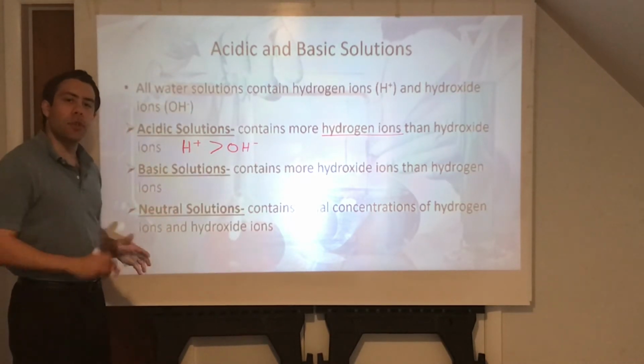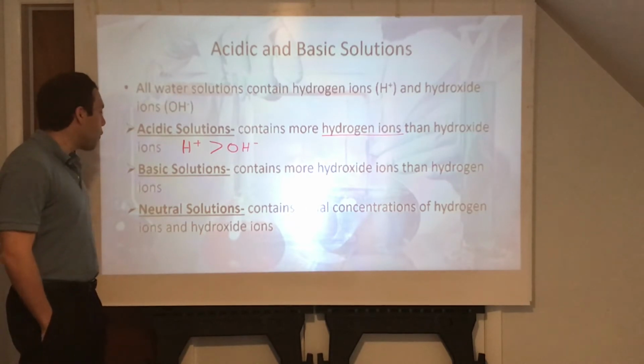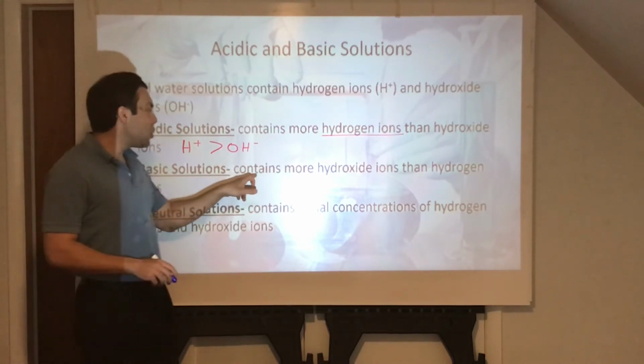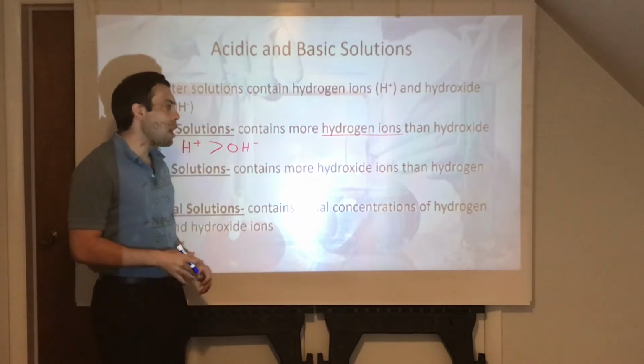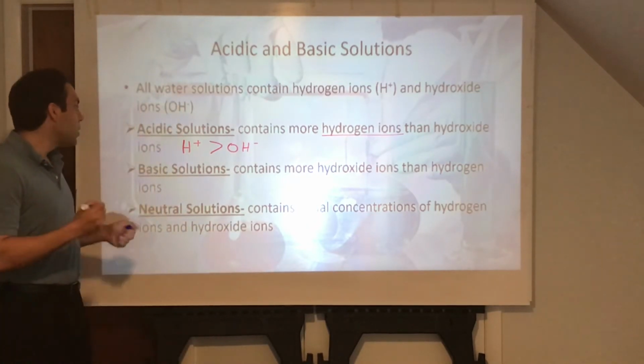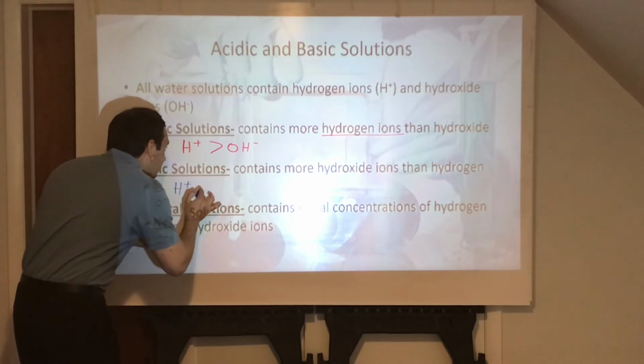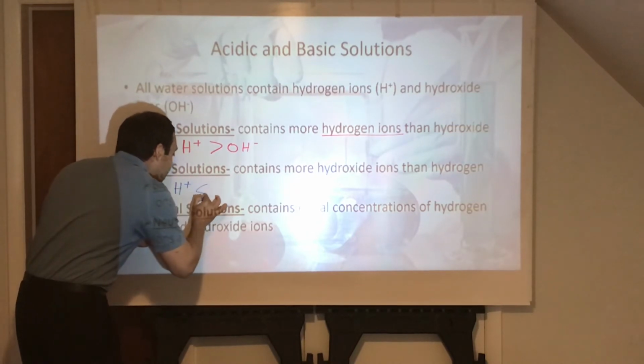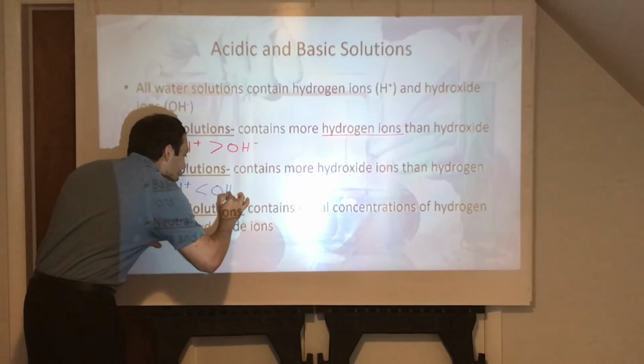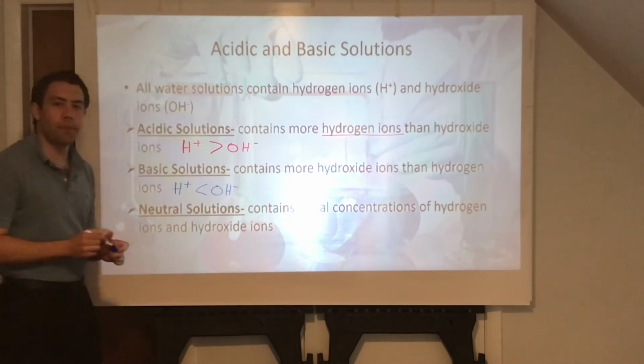For basic solutions, the opposite is true. Basic solutions contain more hydroxide ions than hydrogen ions. So in this case, the H+ ion concentration is going to be less than the OH- concentration.